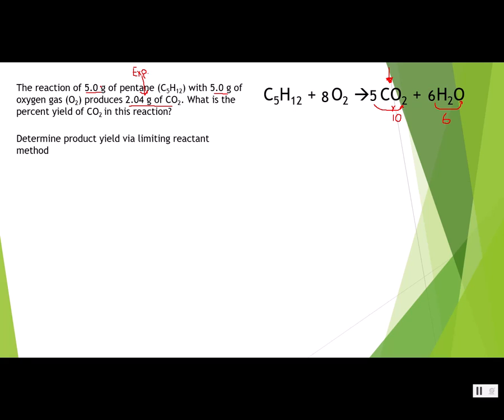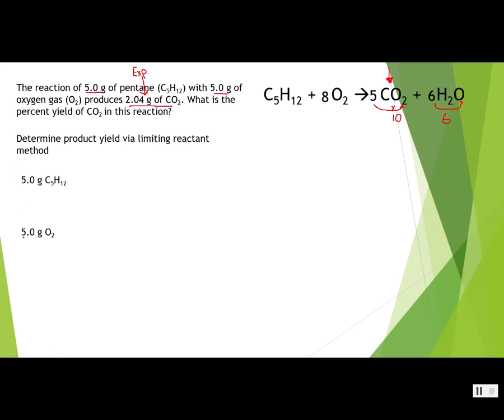If given reactant amounts and asked to find product, and I don't tell you which one is limiting, you've got to do a limiting reactant problem, which means you need to calculate how much product, in this case carbon dioxide, comes from 5 grams of pentane in one calculation, and do a similar calculation with the 5 grams of oxygen gas.